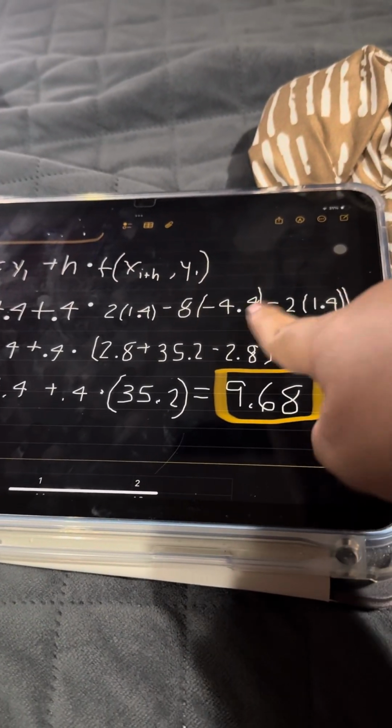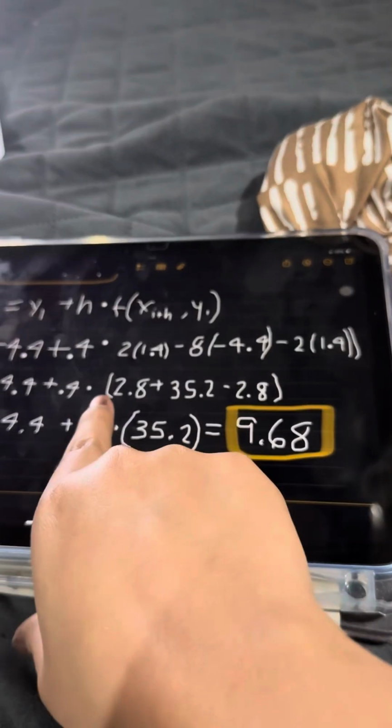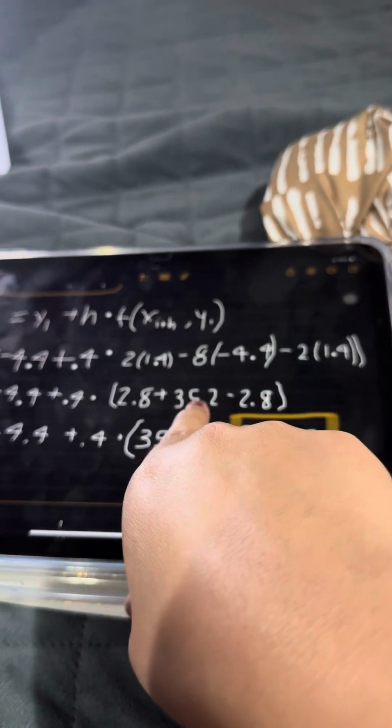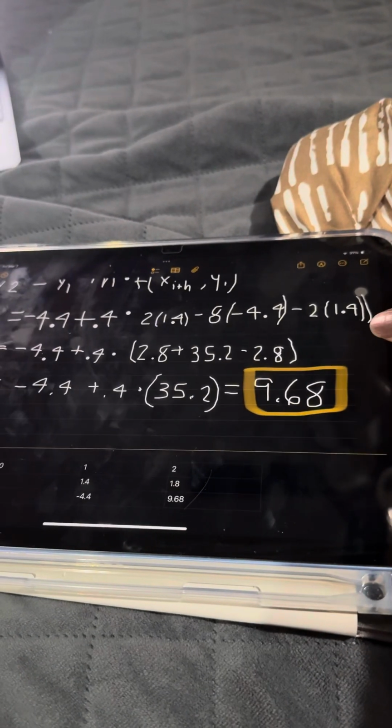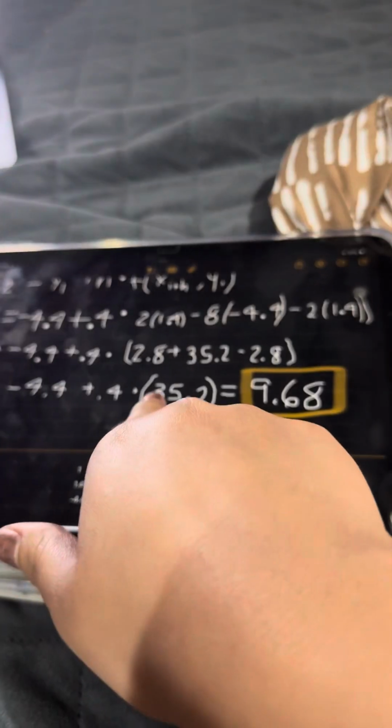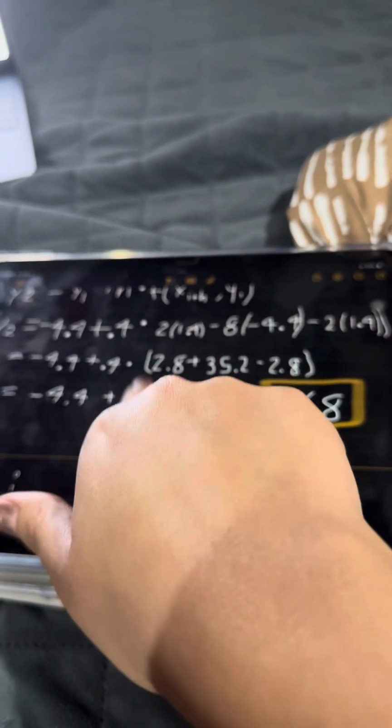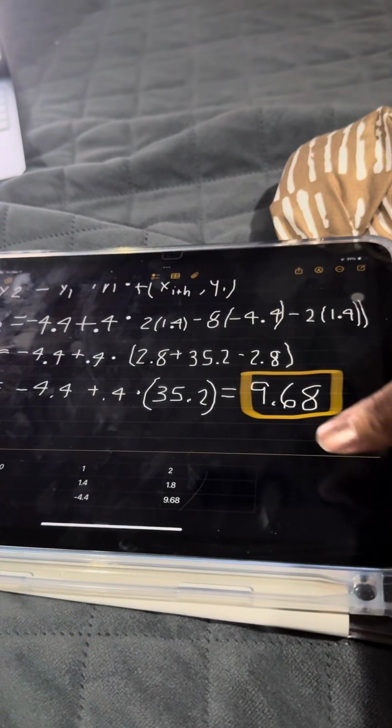And after we multiply this, it's going to be looking like 2.8 plus 35.2 minus 2.8. Once we add and subtract that, it's going to be 35.2 times 0.4 plus negative 4.4, which is 9.68.